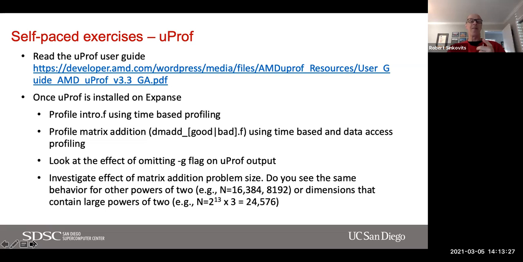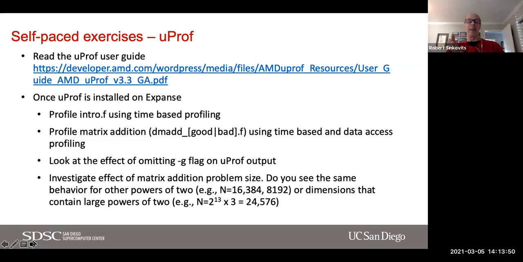Once Gprof is installed on Expanse, profile intro.f using the time-based profiling like we just did. Profile the matrix addition problem using time-based and data access profiling. Look at what happens when you omit the -G flag on Gprof output. And then maybe go a little bit deeper into that matrix addition problem.